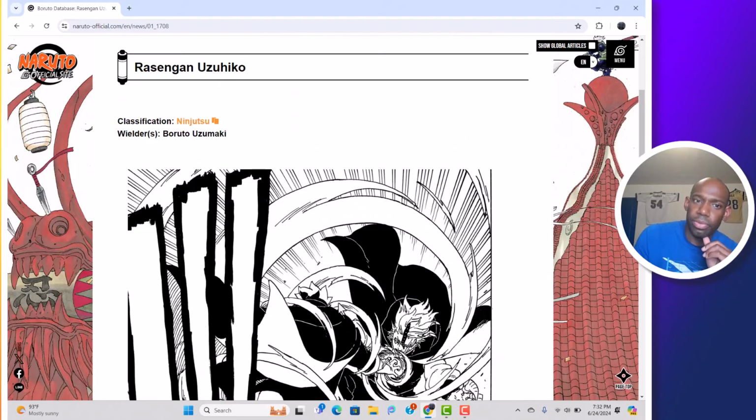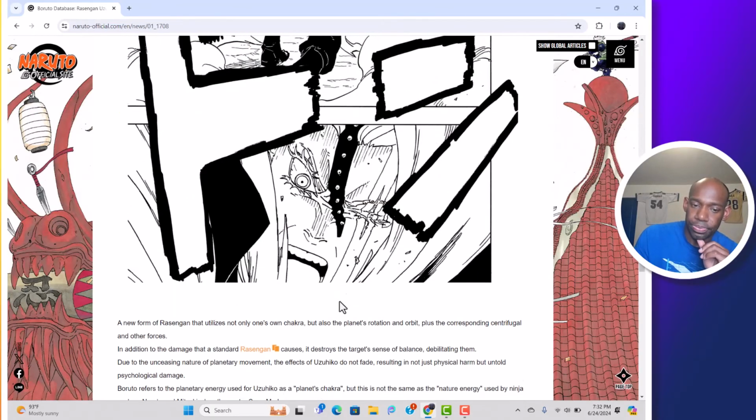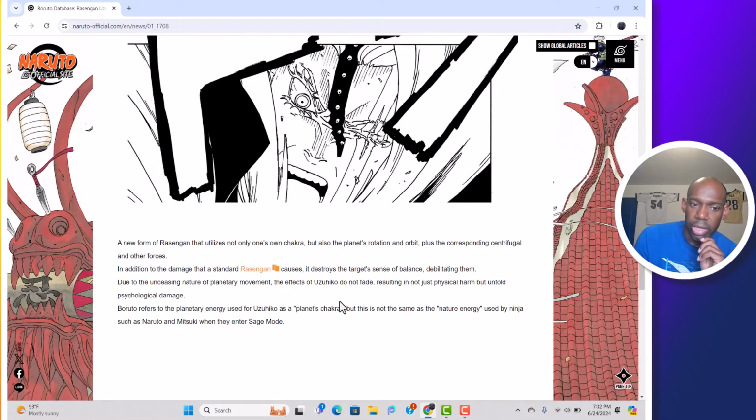Rasengan Uzuhiko. A new form of Rasengan that utilizes not only one's own chakra, but also the planet's rotation and orbit, plus the corresponding centrifugal and other forces. In addition to the damage that a standard Rasengan causes, it destroys the target's sense of balance, debilitating them.